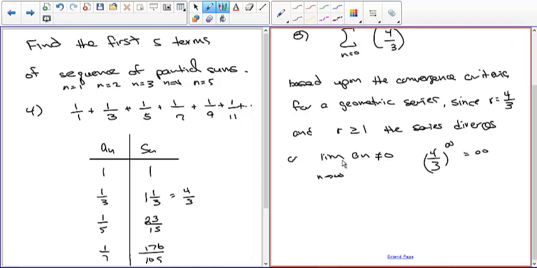So since the limit of the nth term of the series as n goes to infinity does not equal 0, the series diverges according to the nth term test.